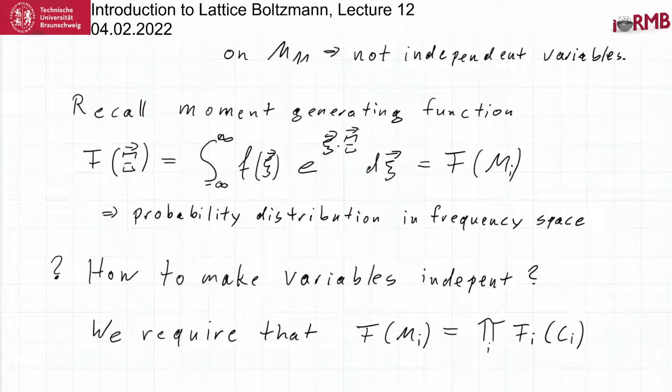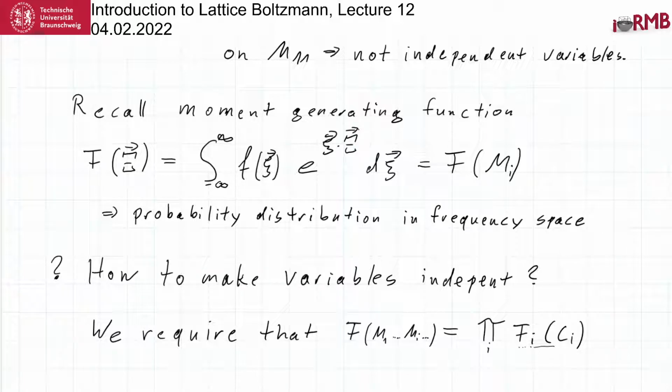I should probably write this in a little bit different format. So this F(M1, ..., Mi) and so on, yeah. This should be a product of distributions that are, so to speak, univariate, so that all of them are attached to only one variable.